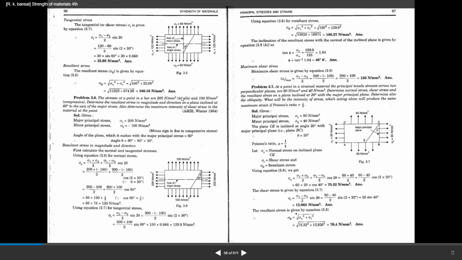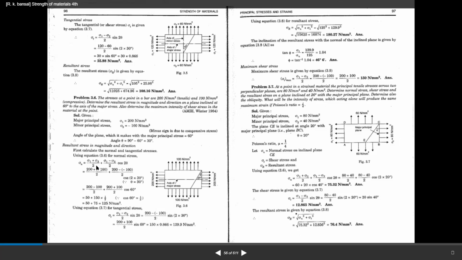The bracket indicates 200 is tensile, 100 is compressive. In this problem compressive is taken as minus sign. Both tensile are taken as positive. Whenever compressive is given, the minus sign will be taken.